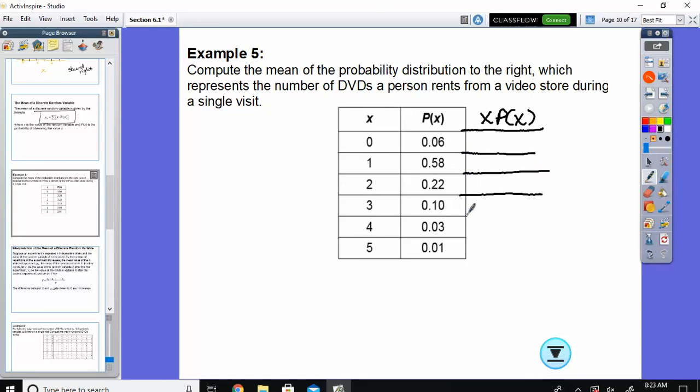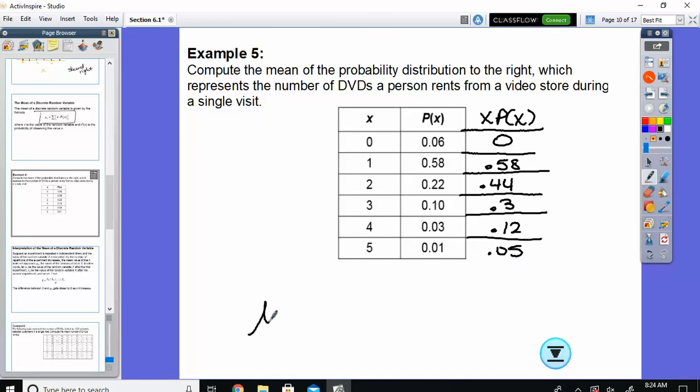So 0 times 0.06, 1 times 0.58, 2 times 0.22, 0.44, 3 times 0.1, 4 times 0.03, and 5 times 0.01.